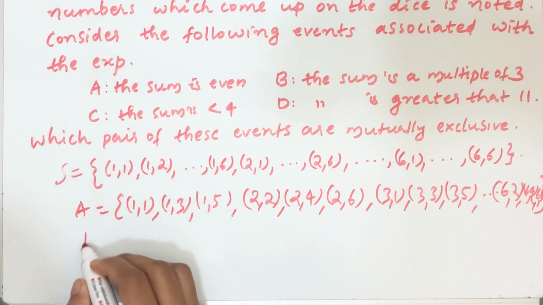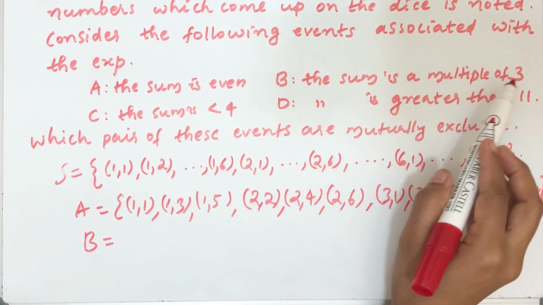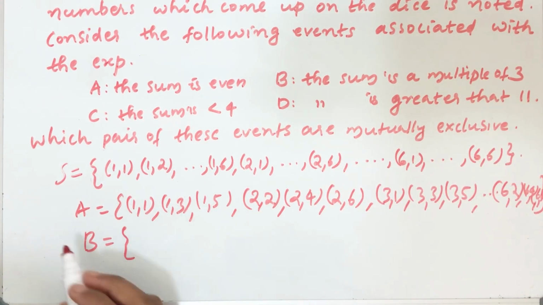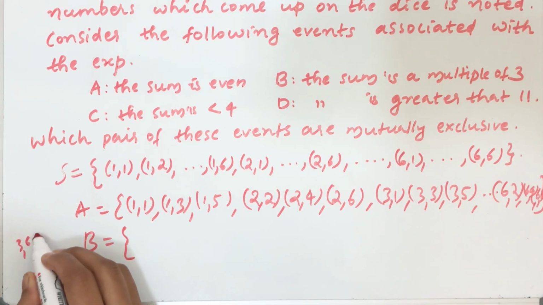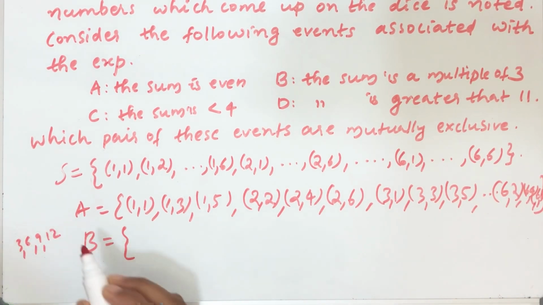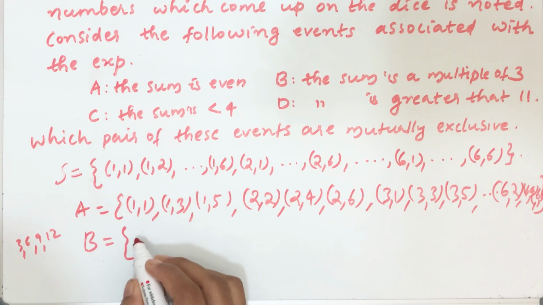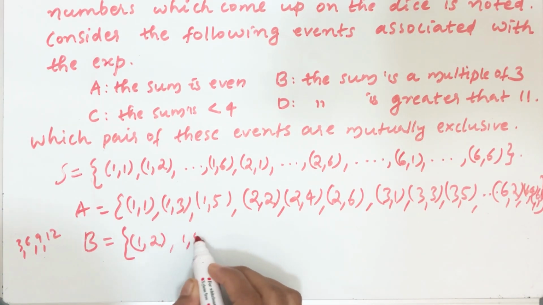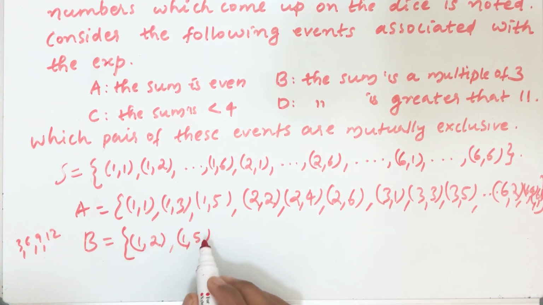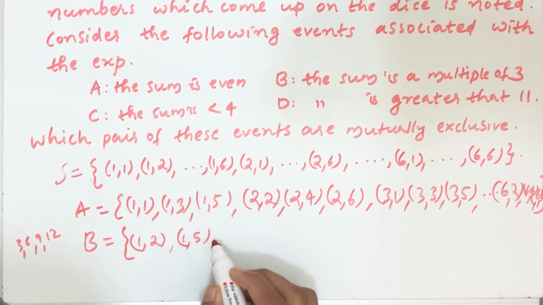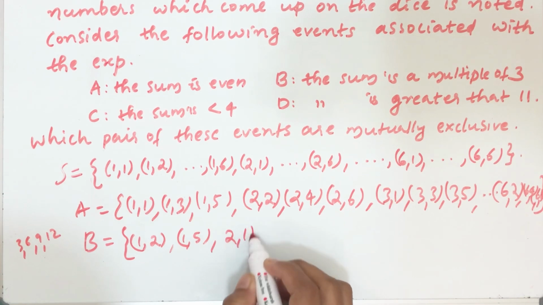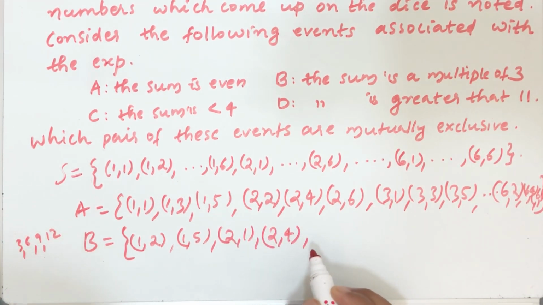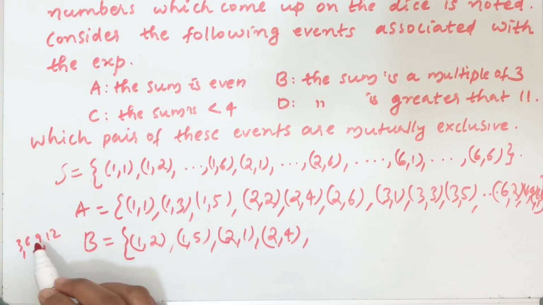Next, B is the event: the sum is a multiple of 3. Multiples of 3 are 3, 6, 9, 12. In the first row, (1,2) is 3 and (1,5) is 6. That is the first row over. In the second row, (2,1) is 3 and (2,4) is 6. (2,6) is 8, not 9.